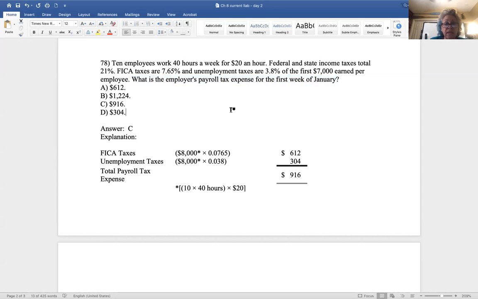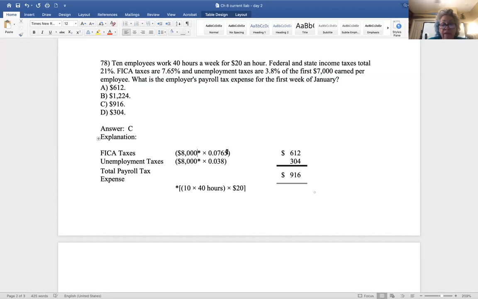So if you do 40 times 10 times 20, you should get the $8,000, right? We had 10 employees working 40 hours a week at $20 an hour. So that means my gross payroll is 8,000.